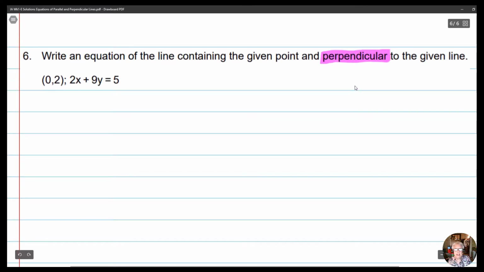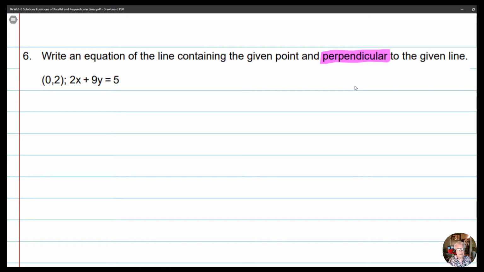Now, this should be easier because this is the y-intercept. Not that that means anything, but whenever a 0 is one of the coordinates in your given point, everything moves faster, or at least finding the line moves faster.